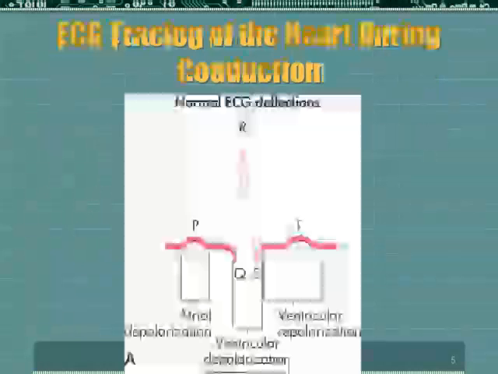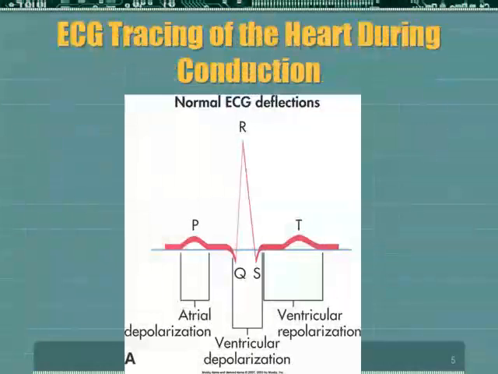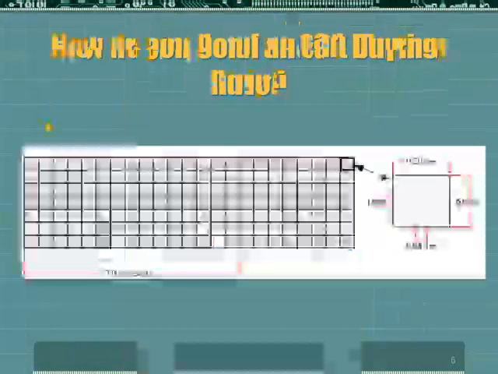In looking at the tracing of the heart during conduction, this breaks down one basic heart contraction and the different parts of the cardiac cycle and how they are depicted on a patient's ECG tracing. We're going to go through the next few slides and break this down part by part so you know what each of those little blips and bumps stands for.